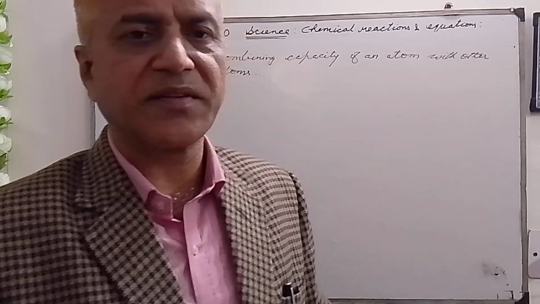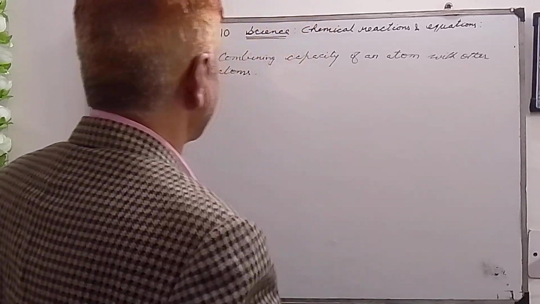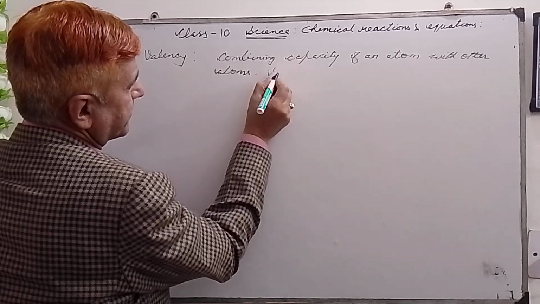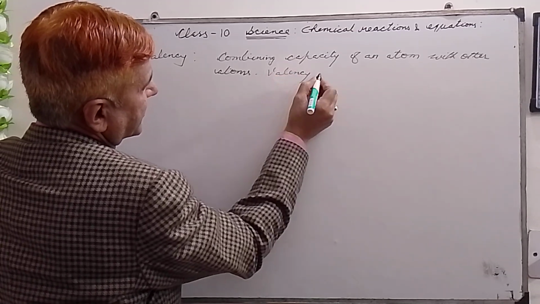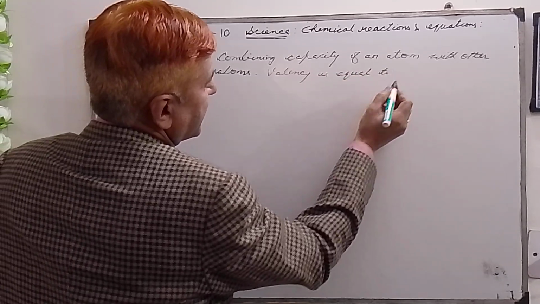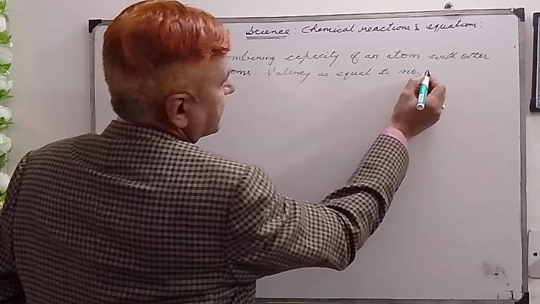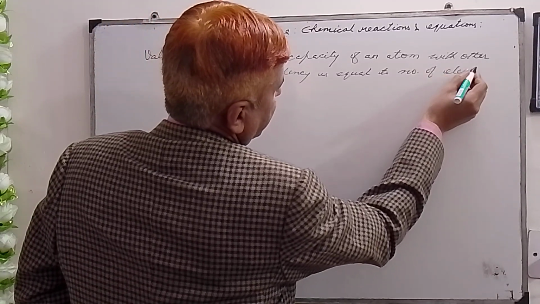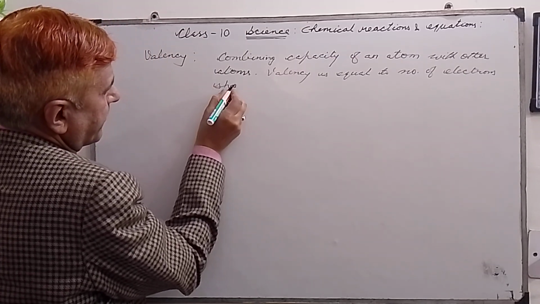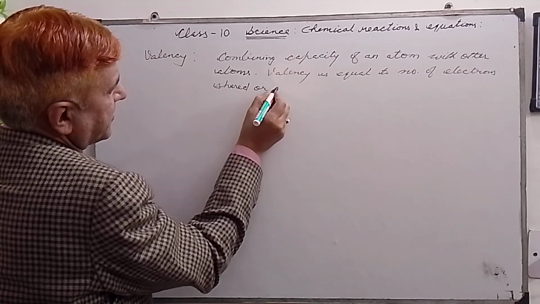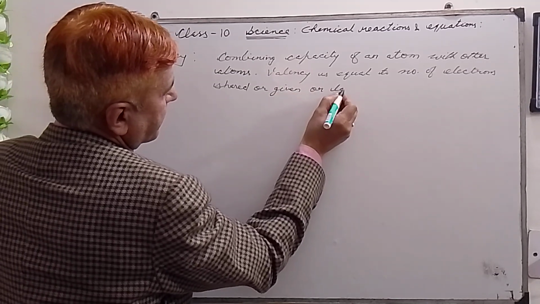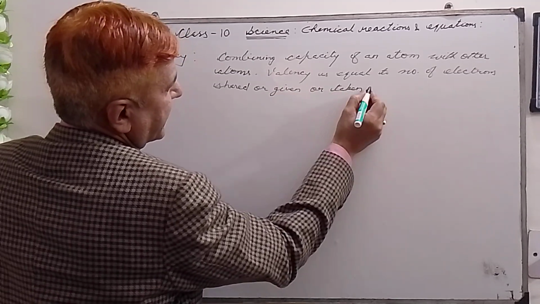Valency is equal to the number of electrons shared, or given, or taken by an atom.